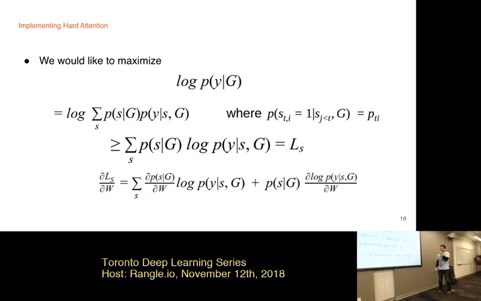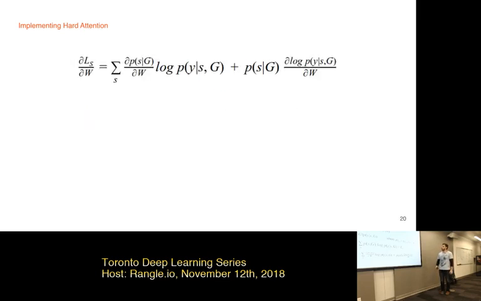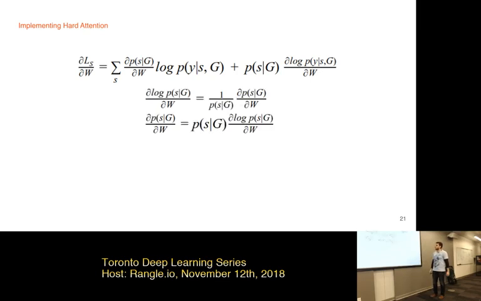And so now we would like to convert this gradient into a form that is computable, that we can actually calculate or roughly estimate. So this is the expression that we have. One thing that they use is REINFORCE, which basically uses the fact that the derivative of the log of a variable is equal to 1 over the variable times the derivative of that variable with respect to the original variable.